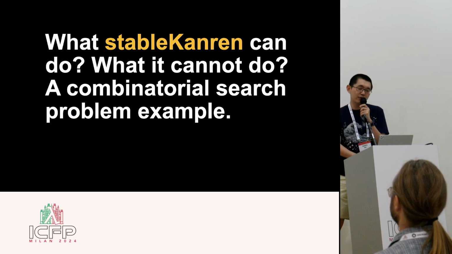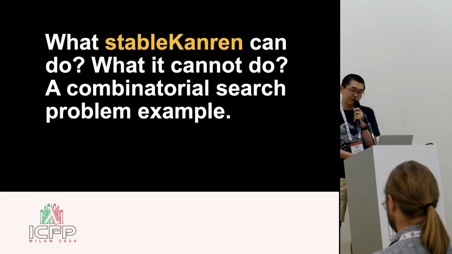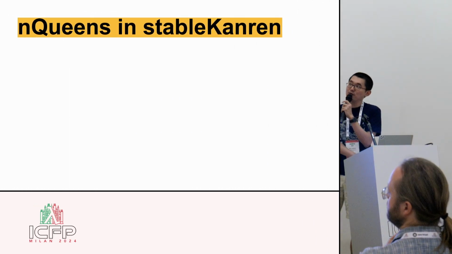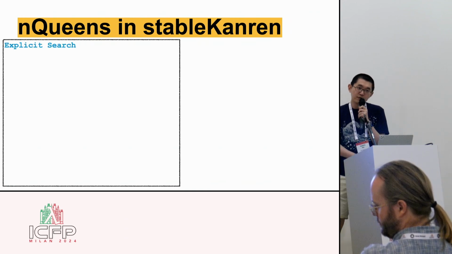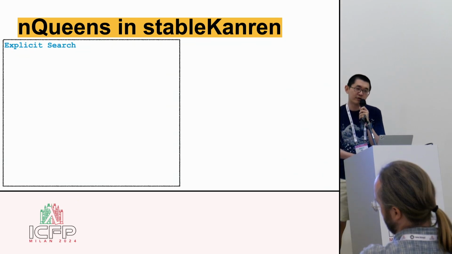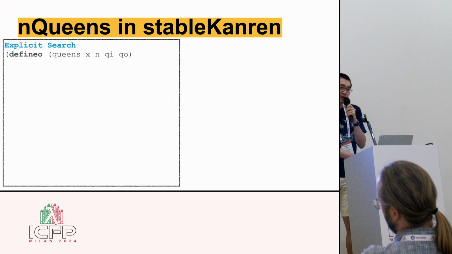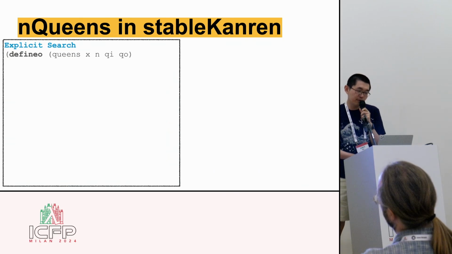Now you have had a small taste. We really want to figure out what stableKanren can do and what it cannot do. We will use a combinatorial search problem as an example. This is a very famous one, the n-queens problem. We try to solve it using stableKanren. What stableKanren can do right now is an explicit search approach. We use variables to accumulate the answers.